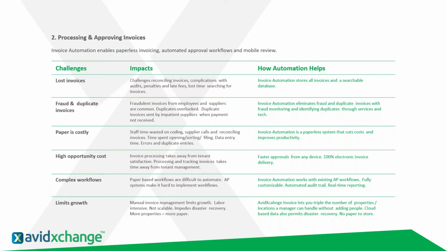Then we're going to talk about workflows, whether that be in our solution or in NetSuite, where you're currently, or really your ERP. Let technology do the work for you. No more running around to find out who needs to approve this invoice.